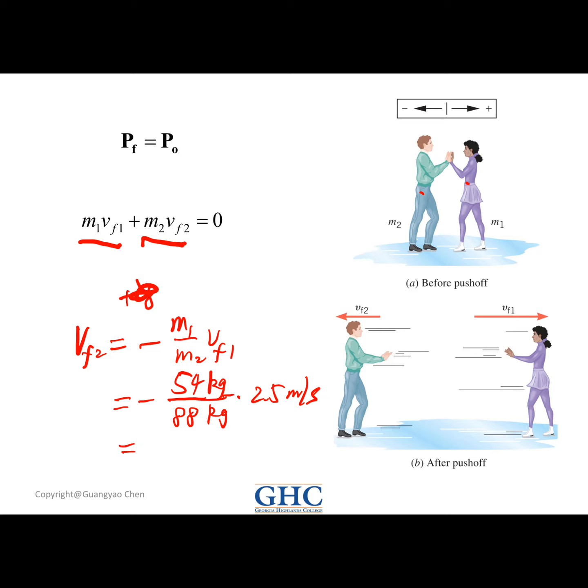So the velocity of the man should be actually 1.5 meters per second. And it's negative. After solving it, we automatically find it's negative, because if you choose this to be positive, the woman is moving in the positive direction, the man is moving in the negative direction, negative 1.5 meters per second.